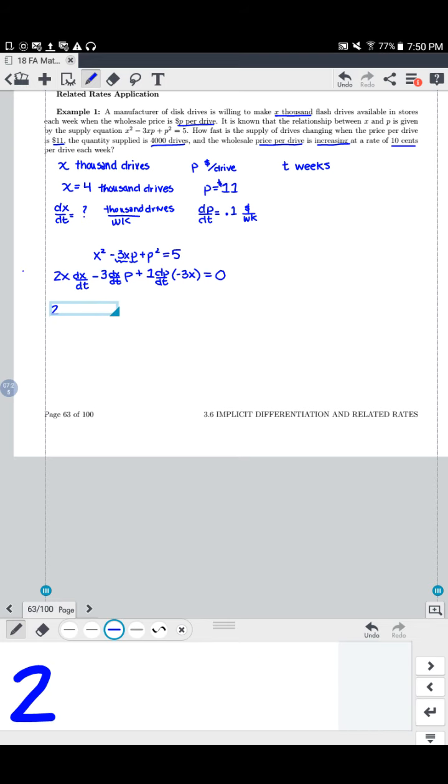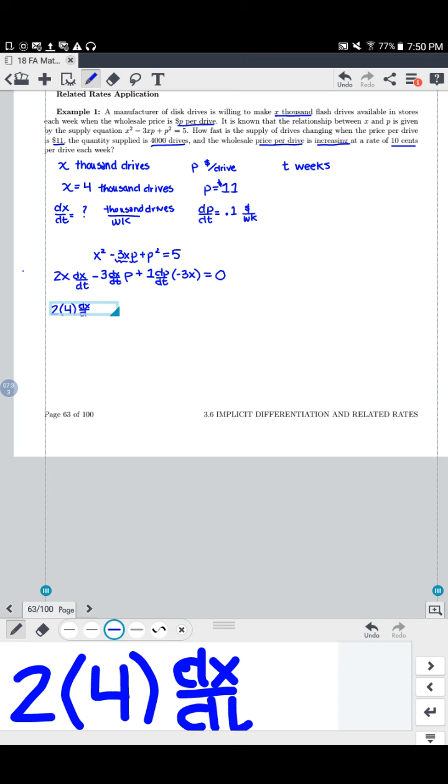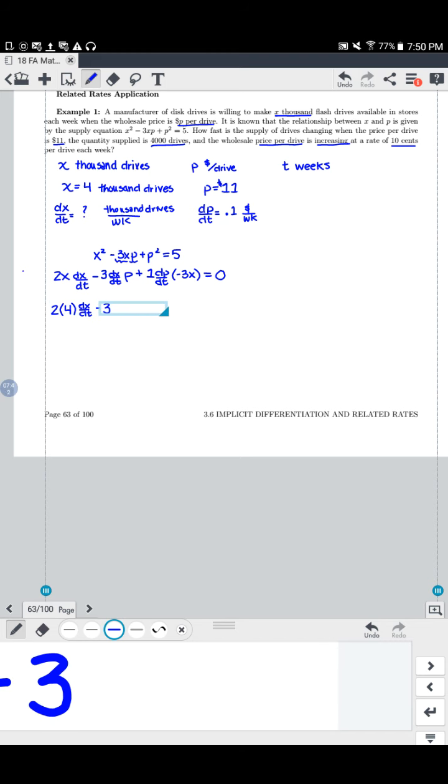So I have 2 times the x value, which x is 4. That's our current demand. And I have that multiplied by dx/dt, what I'm trying to solve for. How is the supply changing, rather, not demand. Minus 3 times dx/dt. I usually like to write these at the end, but I'll put that there.